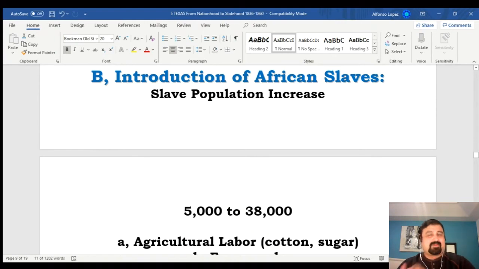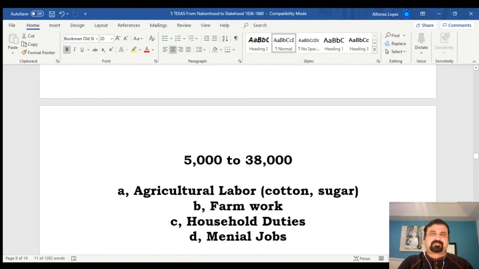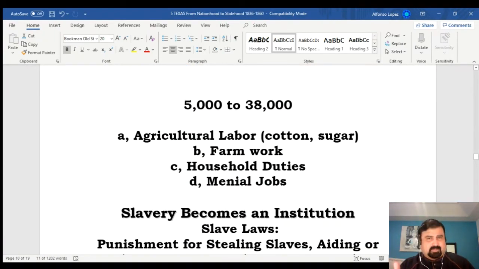So they bring with them their own slaves from the U.S. South, and we're going to see, of course, the slave population increasing from 5,000 at the time of independence in 1836, increasing to 38,000, pretty much towards the end of the Republic, 1844, 1845, there were already 30,000, okay, African slaves in Texas.